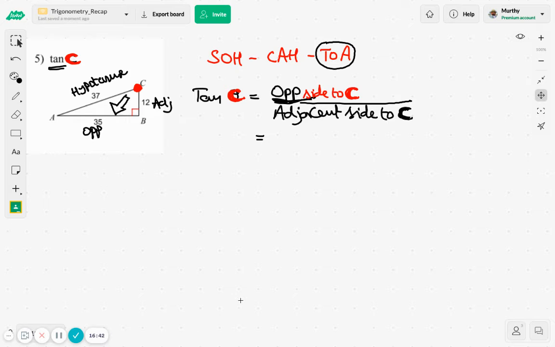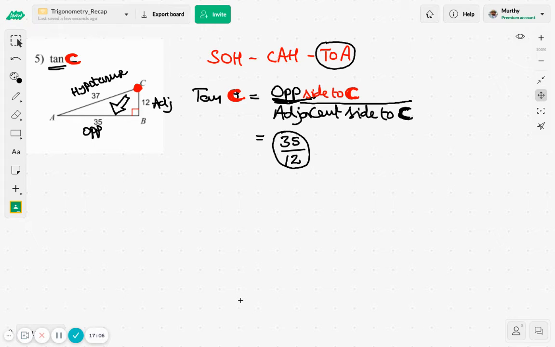Now let's plug in the numbers. Opposite side is 35 units and adjacent side is 12. Now let me ask myself a question, whether 35 is divisible by 2. No. Is 35 divisible by 3? No. Is 35 divisible by 5?